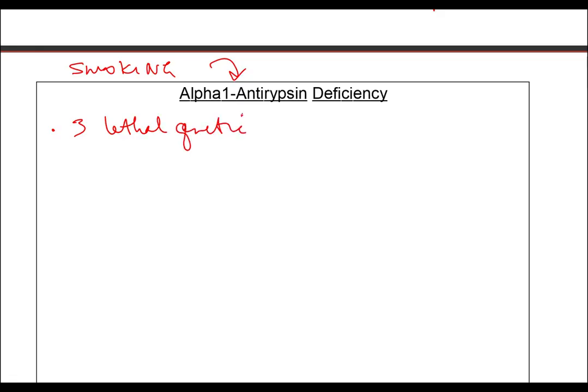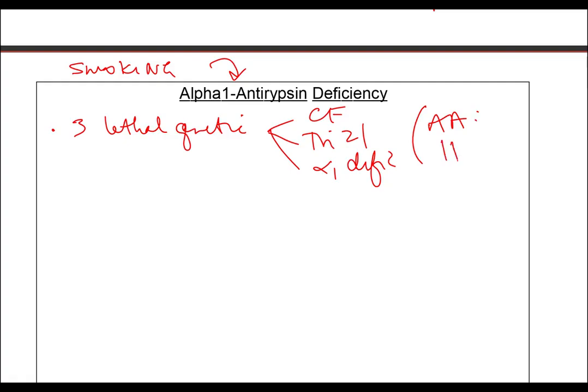The 3 important ones are cystic fibrosis, Down disease, trisomy 21, and believe it or not, alpha-1 antitrypsin deficiency. So it's one of the big ones. If you're African American, we would also add in sickle. So it's an important disease and surprisingly common.